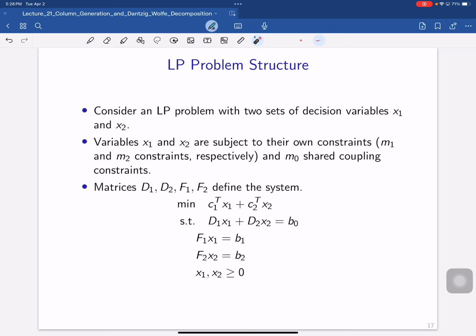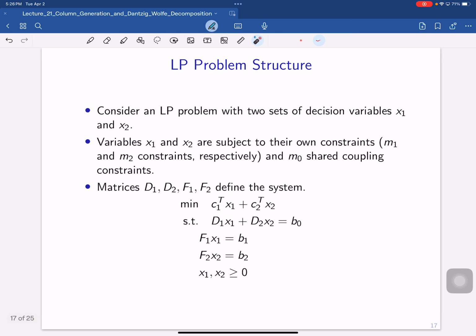So here, let's assume we have a problem of this particular structure. We have two sets of variables, x1 and x2. You can think about both x1 and x2 being in R^n, for example, right? So you have the objective related to x1 and x2. And you have three sets of constraints. The first set of constraints involves both x1 and x2, okay?